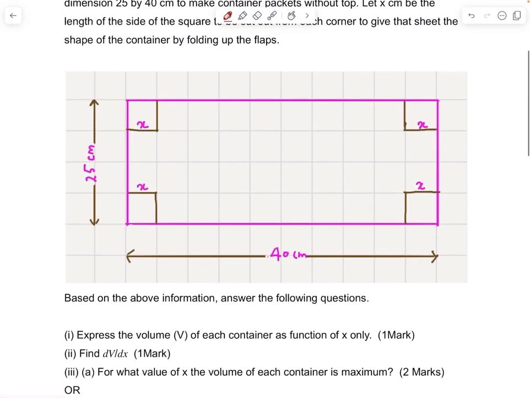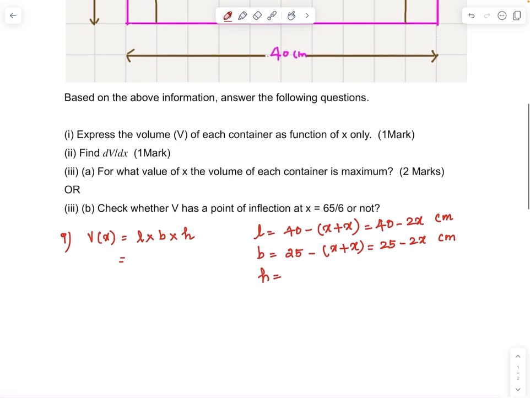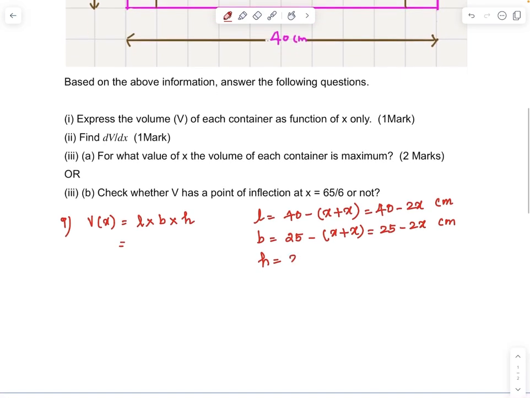Breadth: total breadth is 25. From that we need to subtract x and x, which gives us 25 minus 2x centimeter, and height of the container would be obviously x. So the expression is (40 minus 2x) times (25 minus 2x) times x.